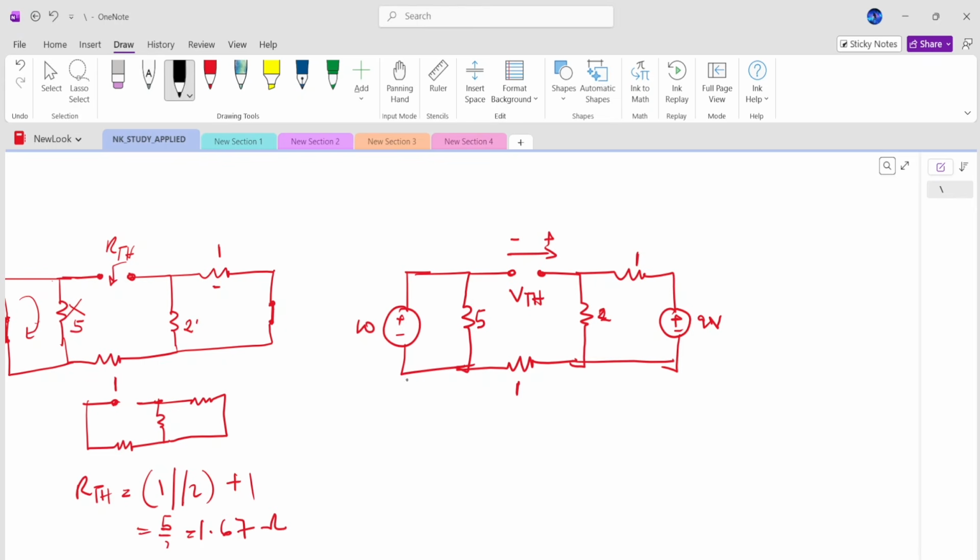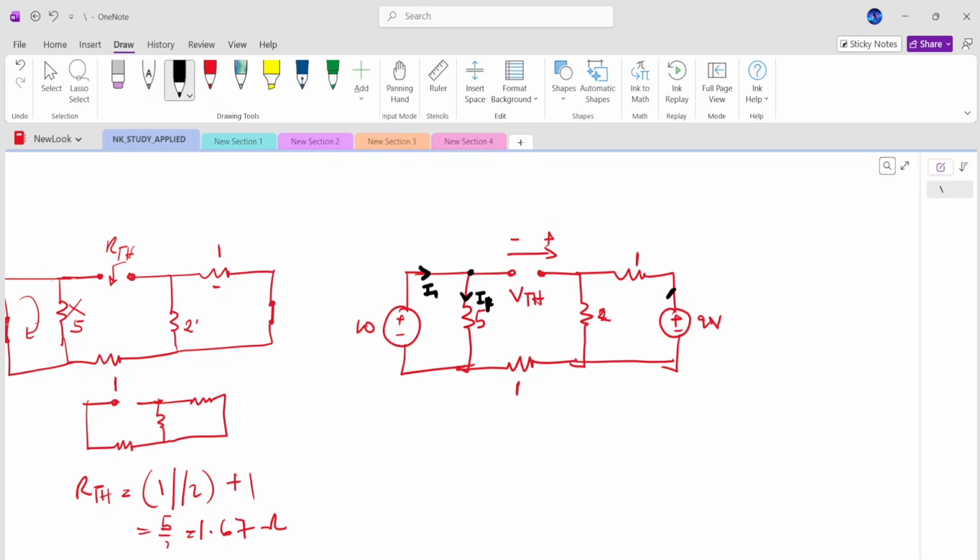Now, to find our VTH, let's start and do our analysis. This is a source and it is producing a current, say I1. When it gets to this junction, this is open, so all of that current will flow through this. So we have I1 here too.